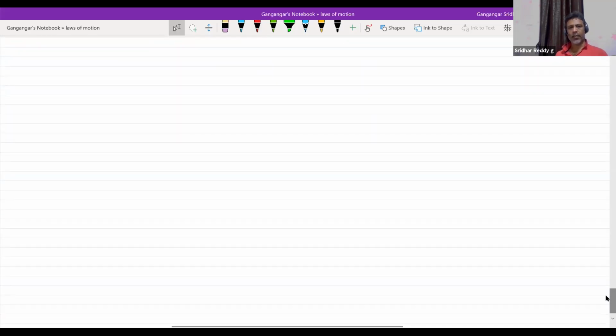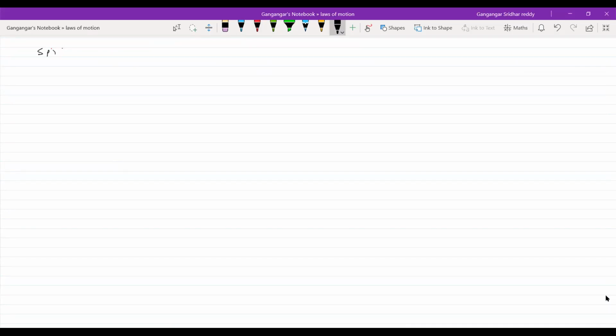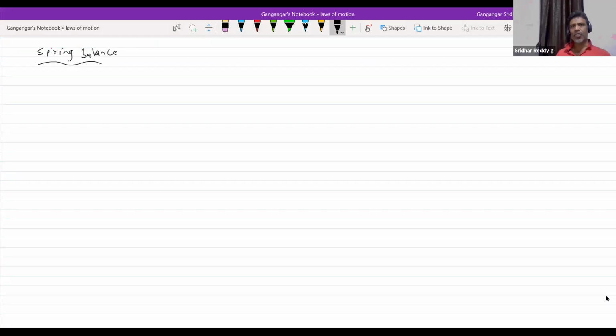Okay, let's take some more. You'll encounter problems like this. Some spring balance. What is a spring balance? It's an instrument used to measure the weight of a substance.